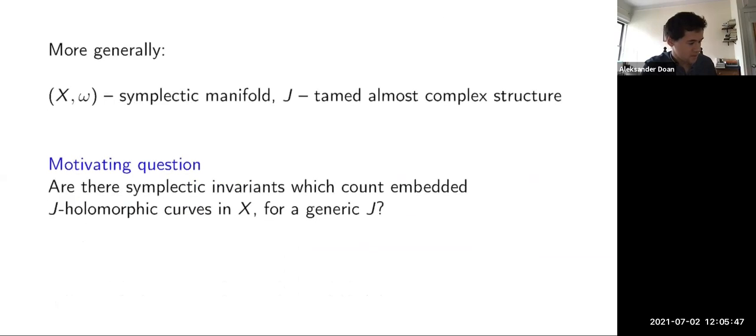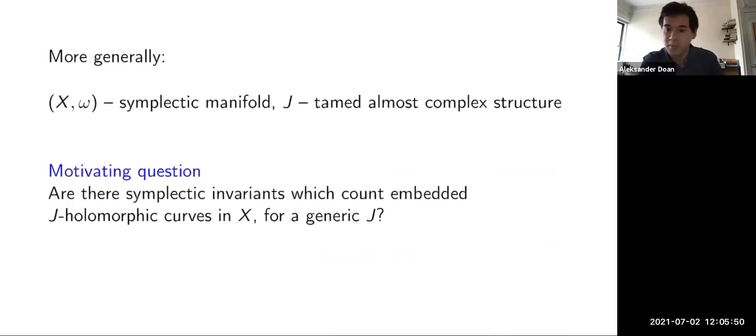Even though the problem is inspired by algebraic geometry, we can leave the realm of algebraic geometry and consider more generally symplectic manifolds. So take a symplectic manifold and equip it with an almost complex structure which is tamed by the symplectic form.